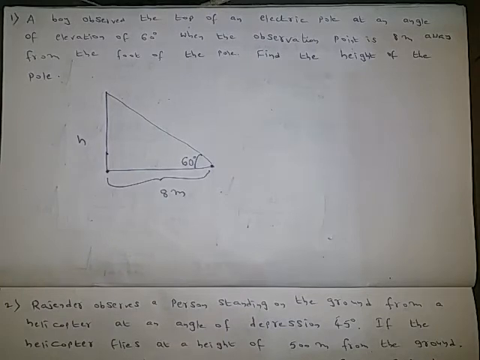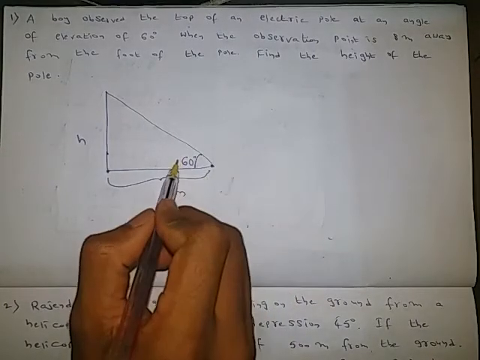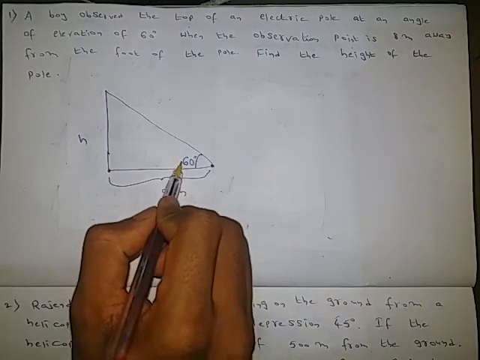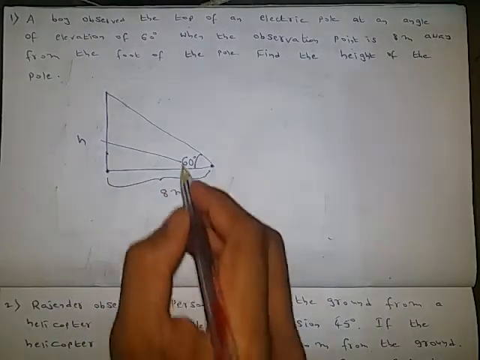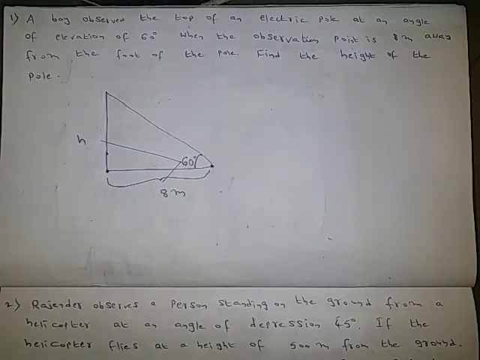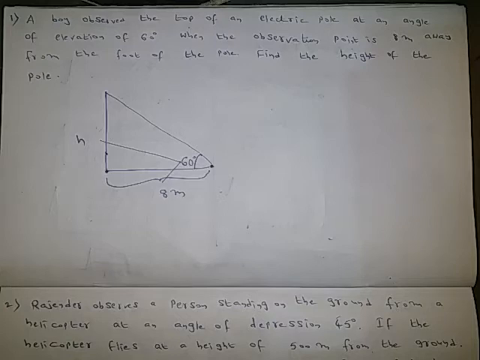So now if we observe the figure clearly, here we have the angle. For the angle, this will become opposite and this will become adjacent. So which trigonometric ratio says about opposite and adjacent? That may be tan or cot. Tan is opposite by adjacent.